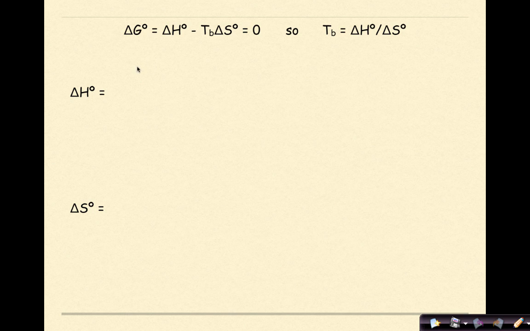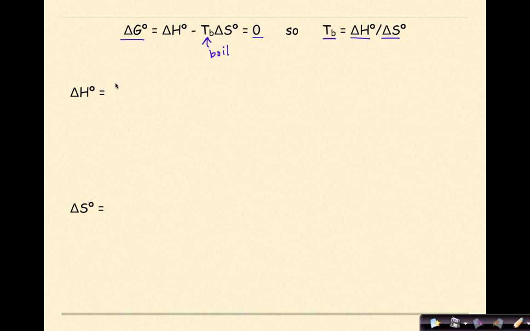So the formula that we're going to use here is delta G prime is equal to delta H prime minus T sub B, and remember that little b right here just means boiling, the boiling point, delta S prime is equal to 0. So we can rearrange this because we know that delta G at standard state is going to be 0 at equilibrium, so we can rearrange this middle part to find the temperature of the boiling point by looking at thermodynamic data for delta H and delta S prime.